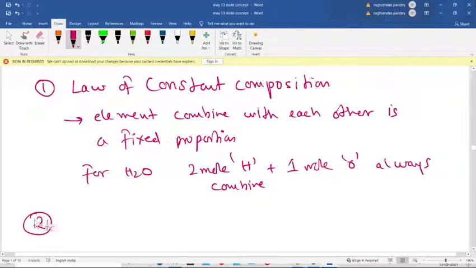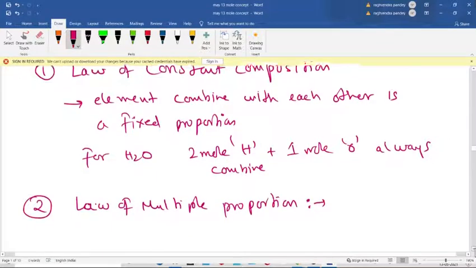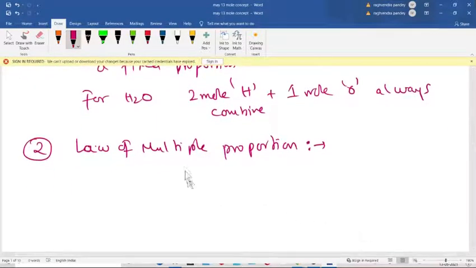Second is the law of multiple proportion. Multiple proportion came after the discovery of carbon monoxide and carbon dioxide, sulfur dioxide and sulfur trioxide.